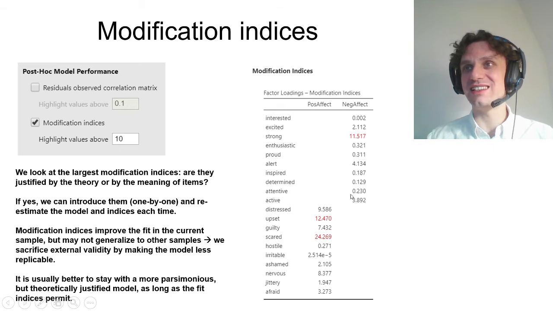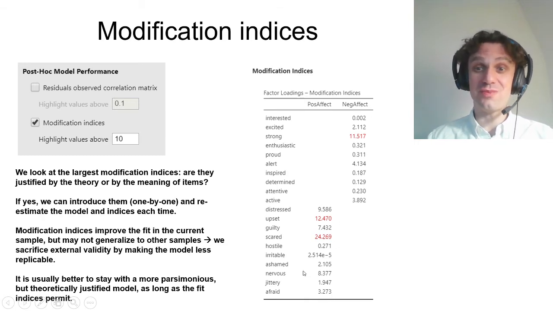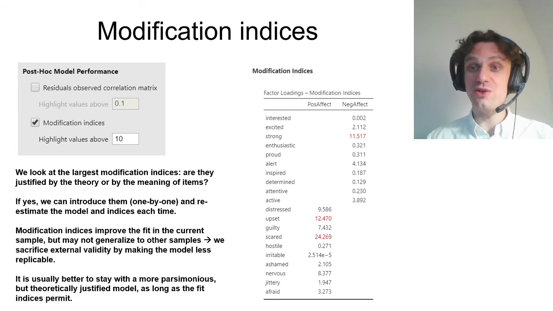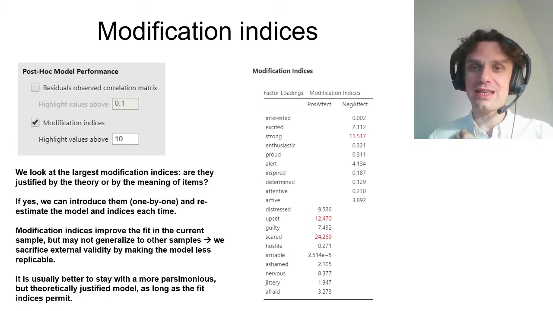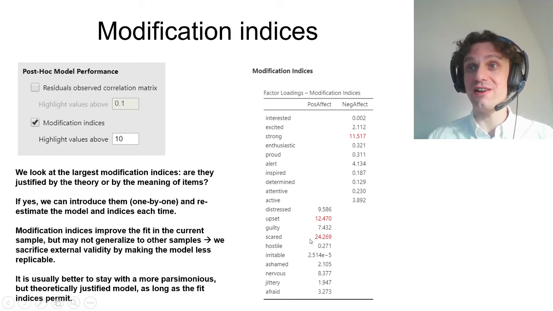What happens if they get loading on negative emotion? And when we interpret these modification indices, we look for the strongest ones. We look for outliers. And here for factor loadings, there is probably just one outlier, this scared. And the software proposes us to introduce a factor loading of scared on positive affect.